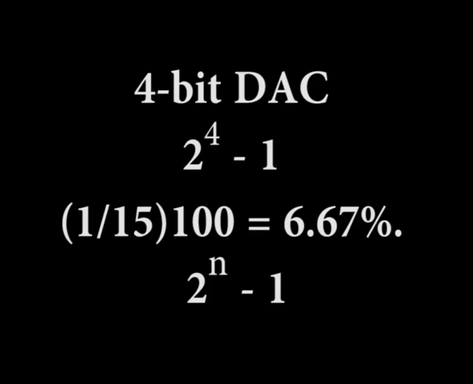This is 1 divided by 15 times 100, and it comes out to be 6.67%. The total number of discrete steps equals 2 to the power n minus 1, where n is the number of bits. Resolution can also be expressed as the number of bits that are converted.